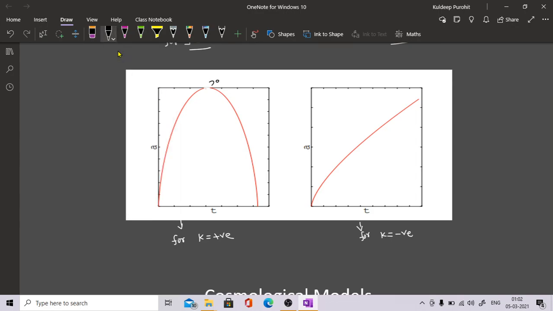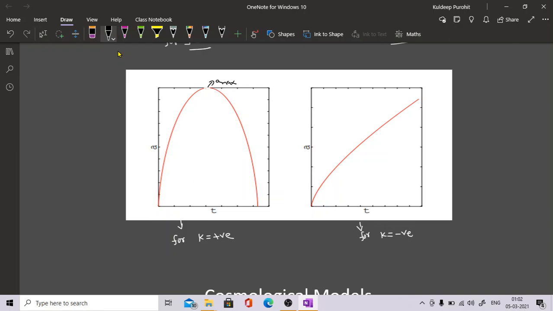So you can see that for positive curvature, the value of a will increase to a certain maxima and then it will again start decreasing.